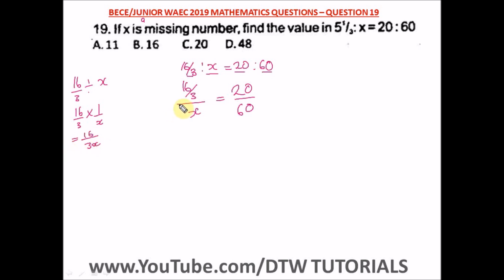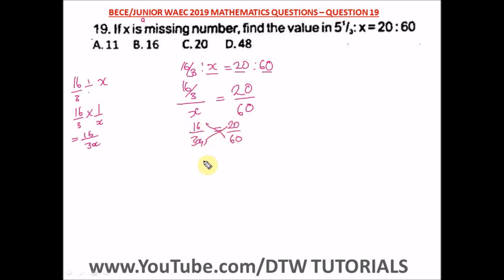Okay, I did this for people who won't understand. When I just say 16/3x, just multiply 3 by x. I did this to let you know how we come about the next step here, which is 16/3x equal to 20/60. We are looking for x. Okay, so in looking for x, let us cross multiply.